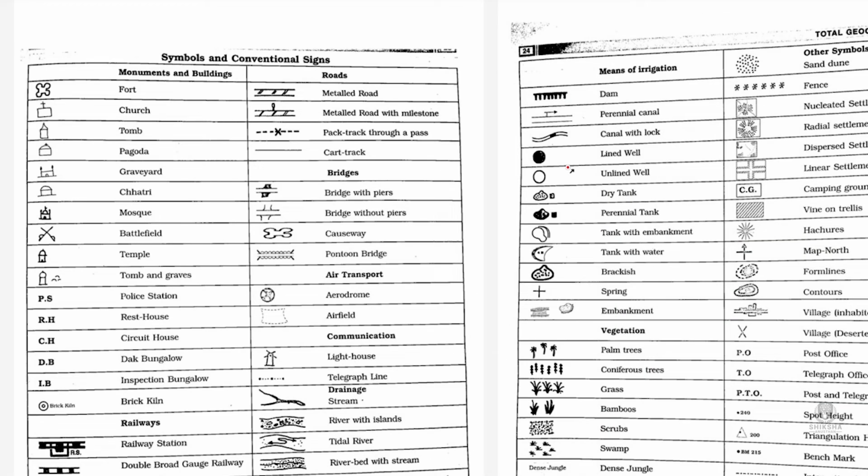Here you can see some of the symbols and conventional signs for identifying some important parts of a map.